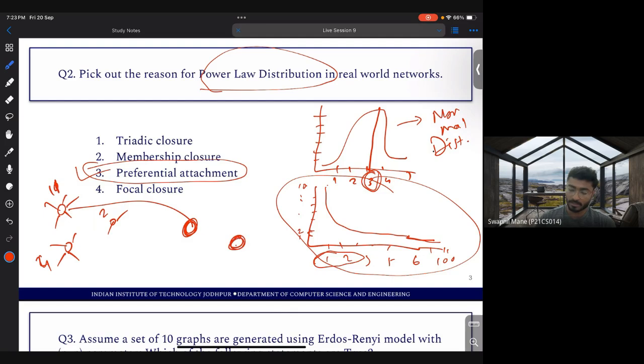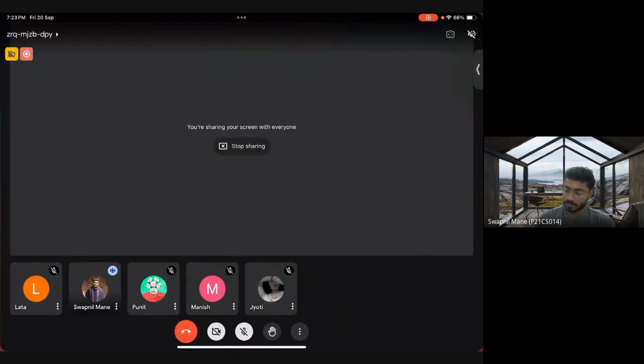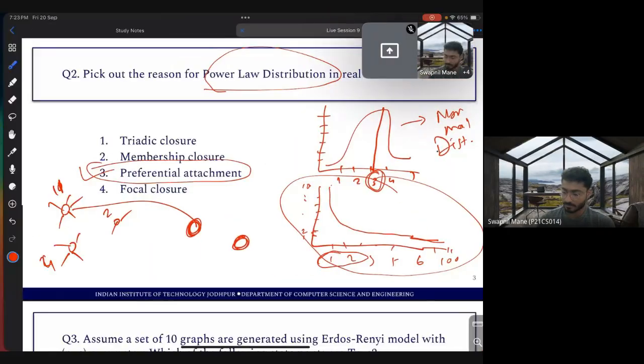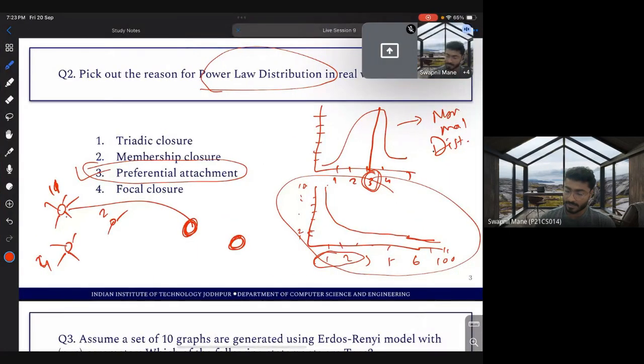Likewise, another new node comes. It also evaluates every node's degree and finds the probability of connecting to that particular node. So it finds that it can connect to this node because this node has a higher degree.